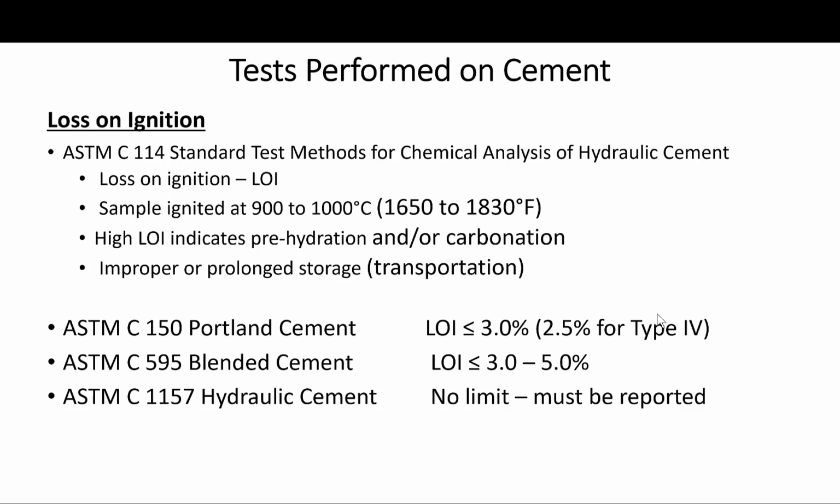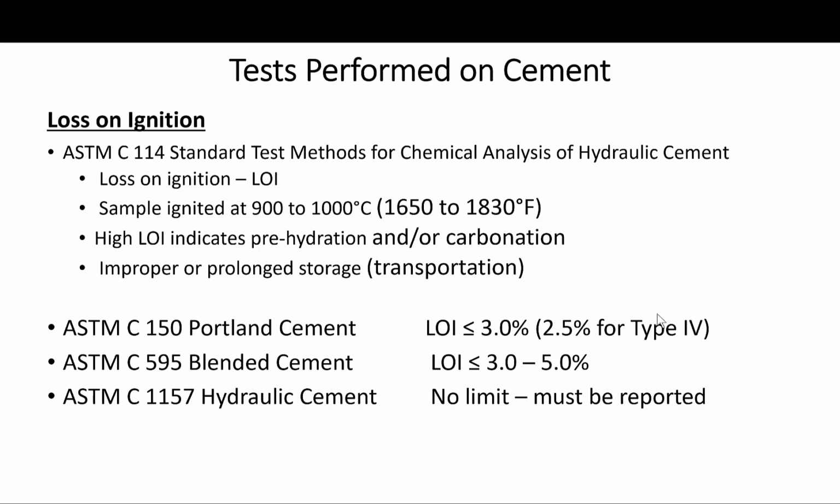The loss on ignition, abbreviated as LOI: a sample is ignited at about 900 to 1000 degrees Celsius, and then it is weighed before and after. High loss on ignition usually indicates prehydration and/or carbonation. So that means either improper or prolonged storage or transportation of the cement.